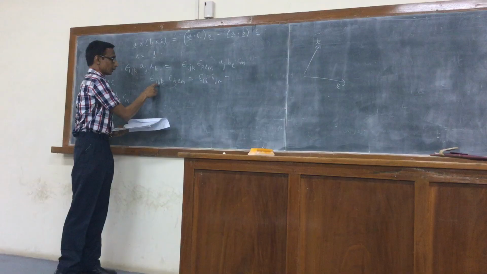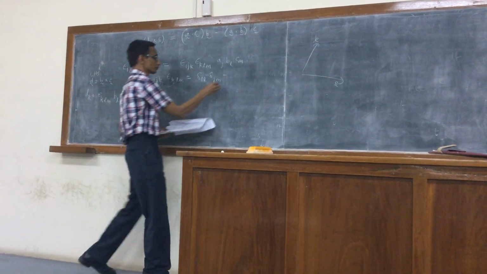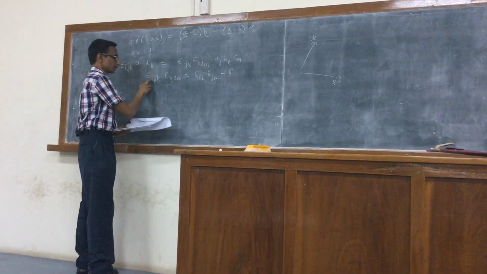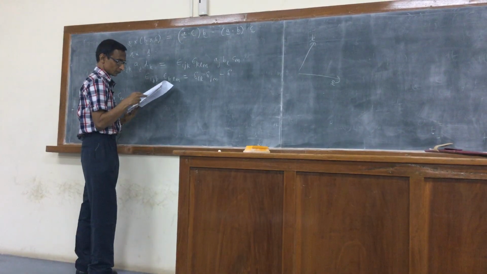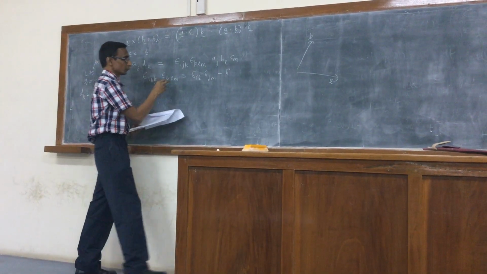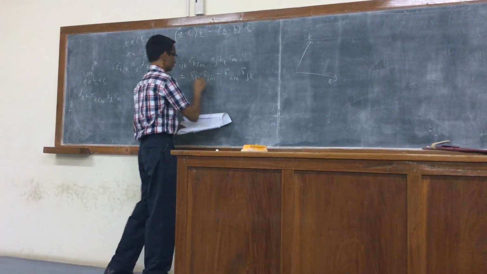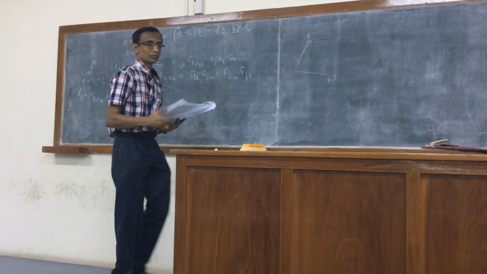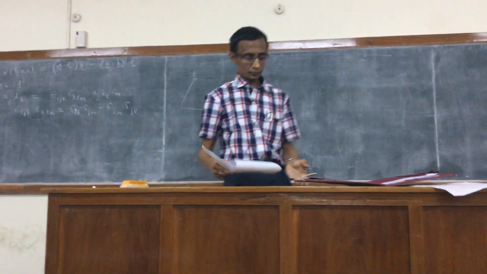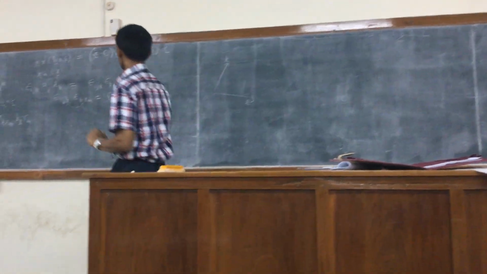Delta I L delta J M minus delta I M delta J L. The product of two Kronecker delta functions.